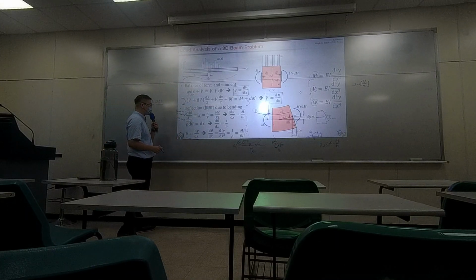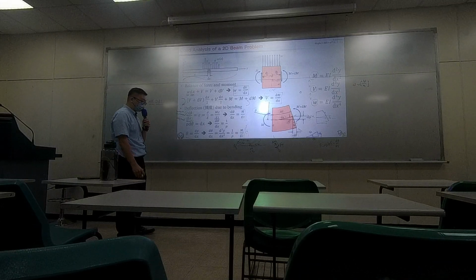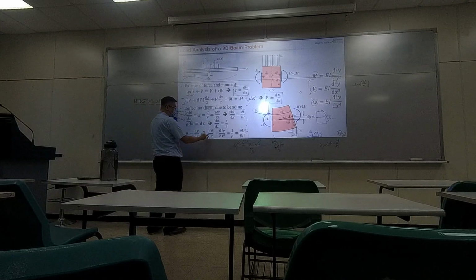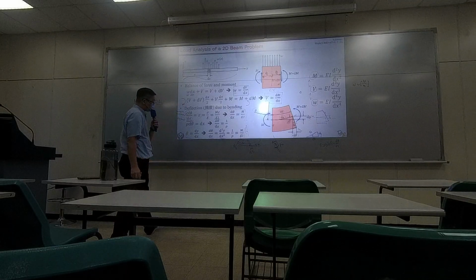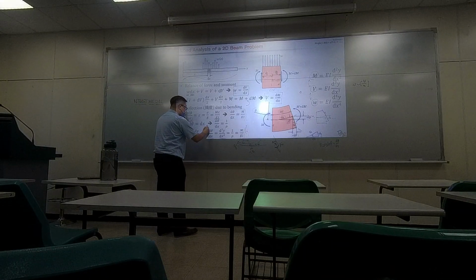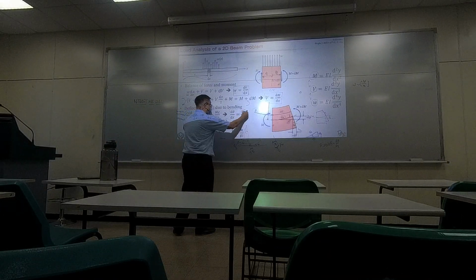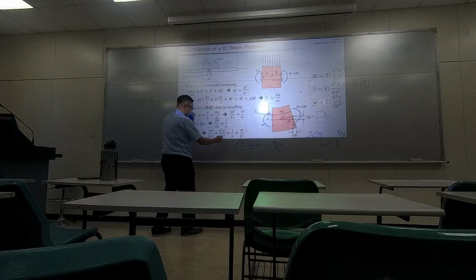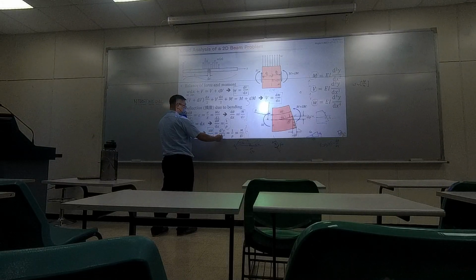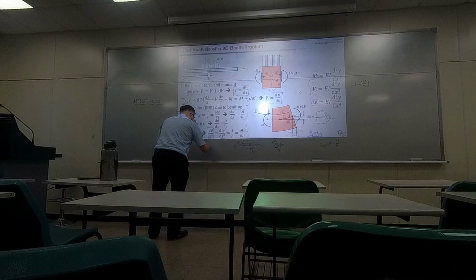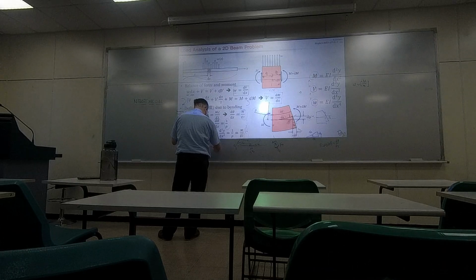Okay, now you can take the derivative with respect to x on both sides. You end up with d theta over dx, and you have y double dot. And what does d theta over dx equal? It equals these two we already derived. So it ends up with the following equation. So y double prime equals m over EI.